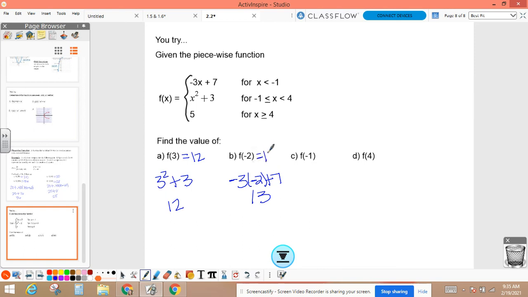I'm pretty sure I'm right. All right. Negative 1. It's kind of tricky because you think here, but it's actually here because that's where the equal to is. So we'll do negative 1 squared plus 3. So 1 plus 3 is 4. And then for 4, that goes in the bottom, so we just get 5.